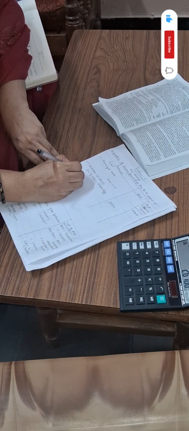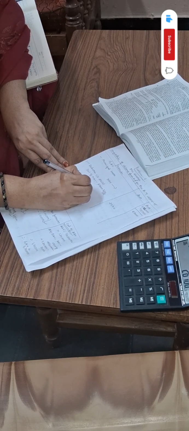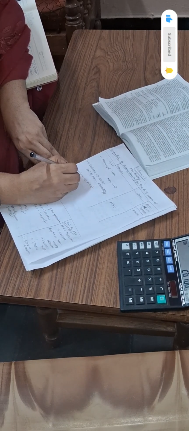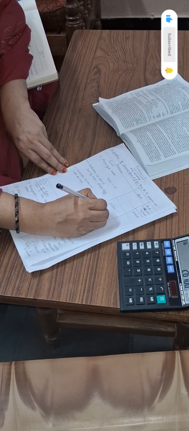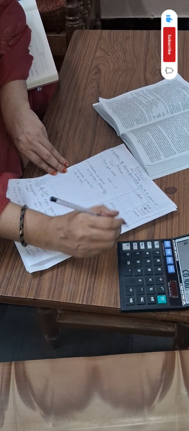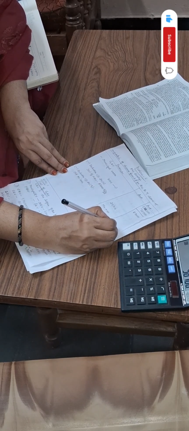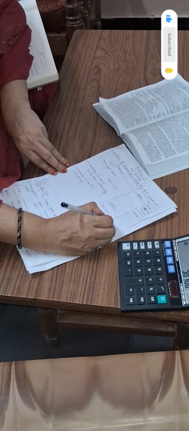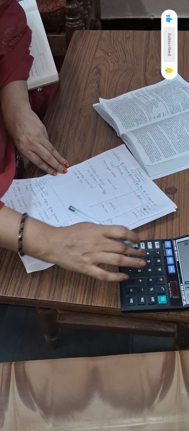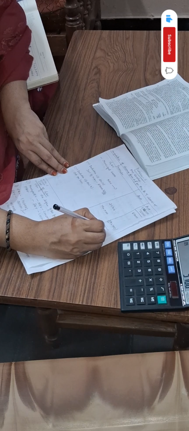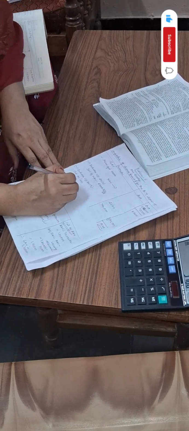And second deduction, section 24B, that is interest on loan. How much is the interest on loan? 70,000. Add up both: 96,100. So you have to deduct this from 87,000. 9,100 is loss from house property.